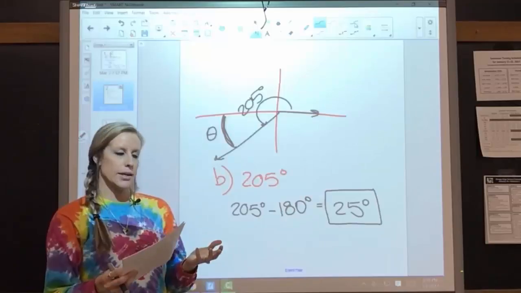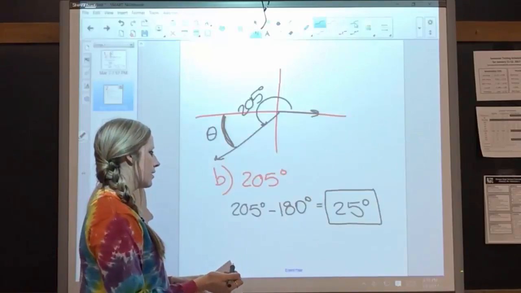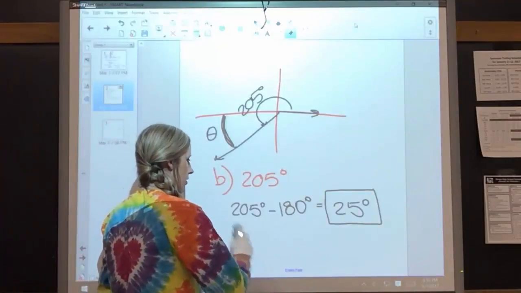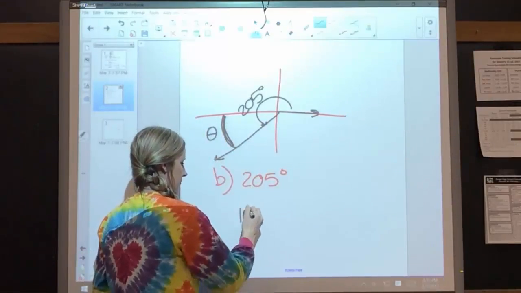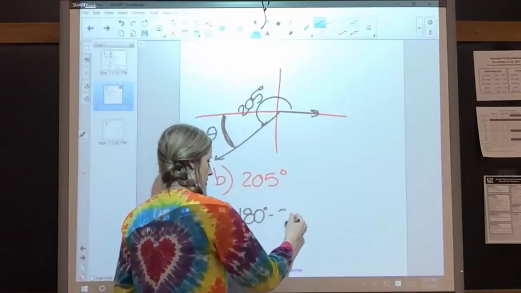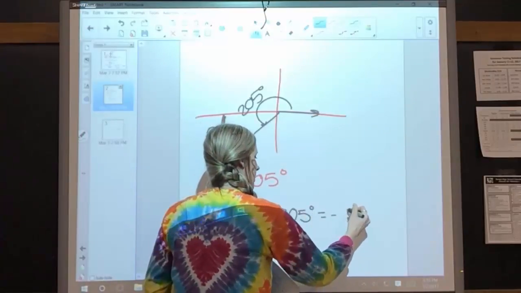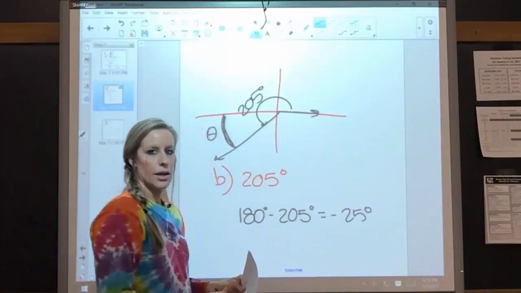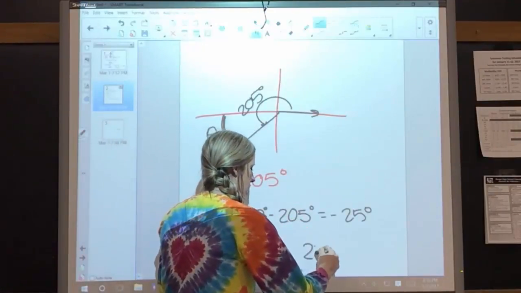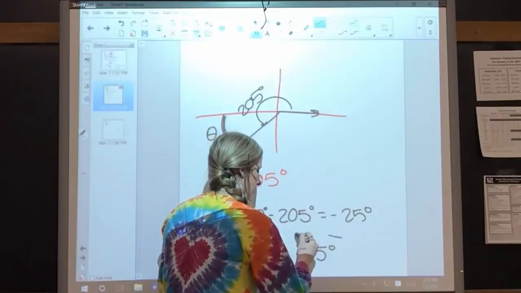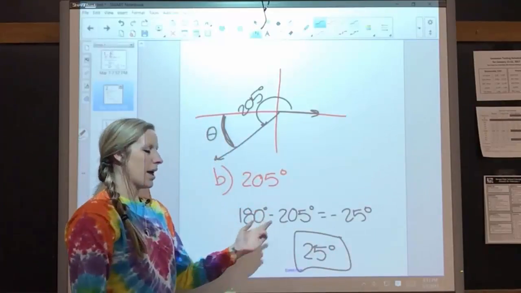If you get a negative angle, like let's say you did 180 minus 205, you did it backwards. Okay, you would get negative 25 degrees. So if you do get a negative, just take the positive. You still get the same answer, it's just that you did it backwards.